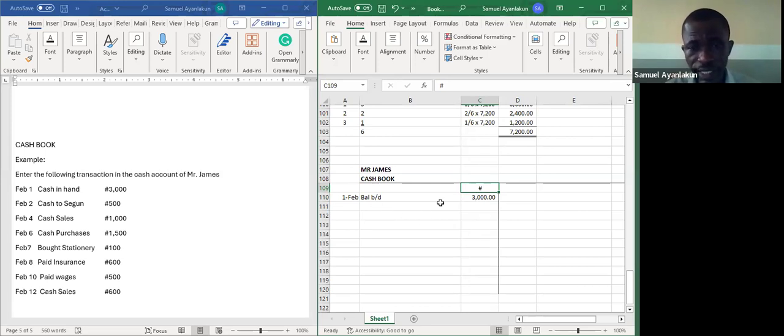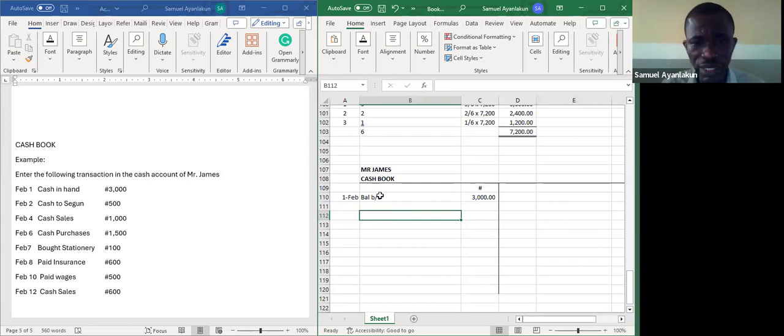Since the money is coming in, the naira cash account has received something, 3,000 naira. That is why it is on the debit side. If money is going out, it will be at the credit side. If money is coming in, it will be at the debit side.